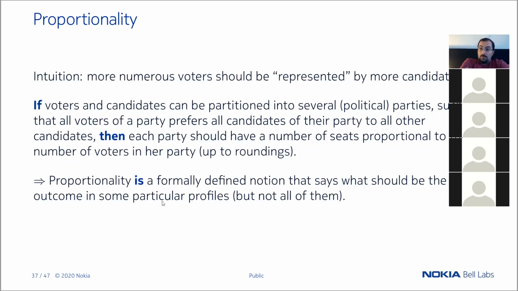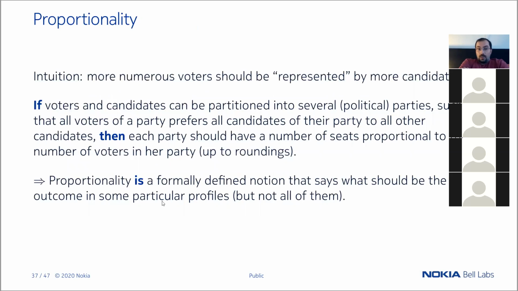Then we have this possibility of proportionality, which is the second type of objective that we may want to pursue. The intuition behind this is that when you have a group of more numerous voters, it should be represented by more candidates than a group of less numerous voters.